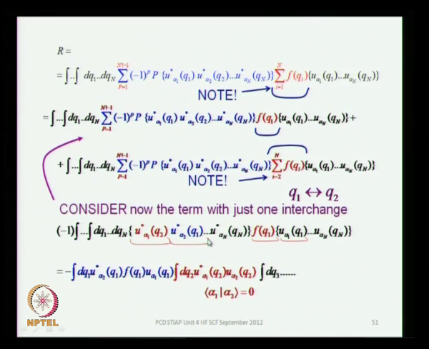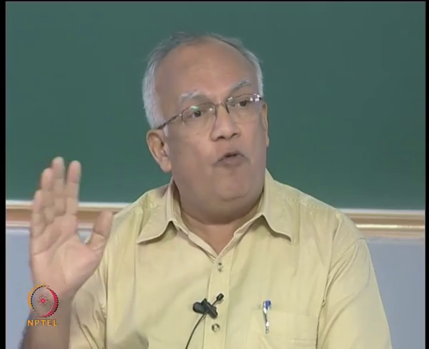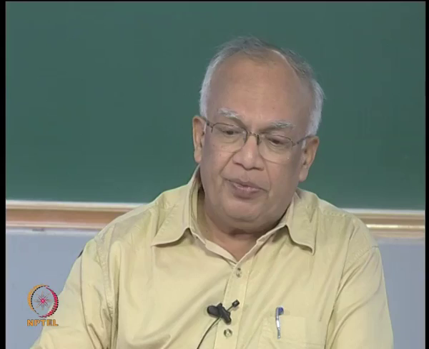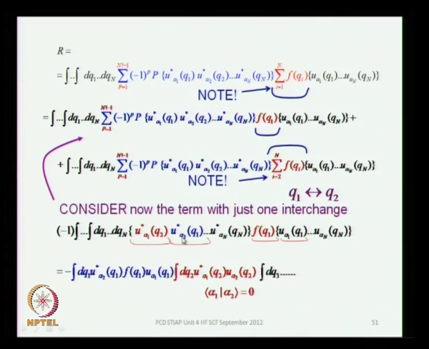The argument will be q3, because there is only one interchange that we are restricting ourselves to, right. For u alpha 4 star, the argument will be q4, right. So, we are not touching the remaining ones, only one interchange. And now you have this multiple integral. What is the integration over? Integration is over q1, q2, q3 up to qn, and these are independent degrees of freedom. So, you can carry out these integrations separately.